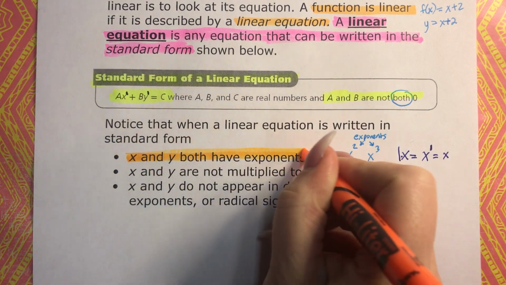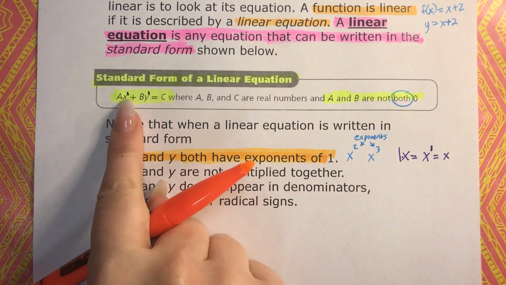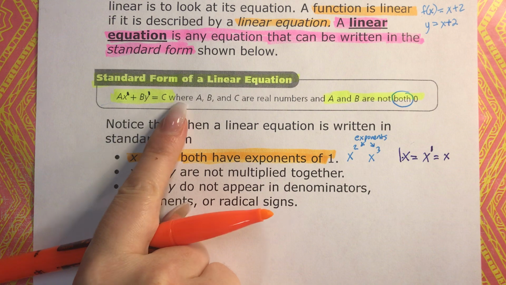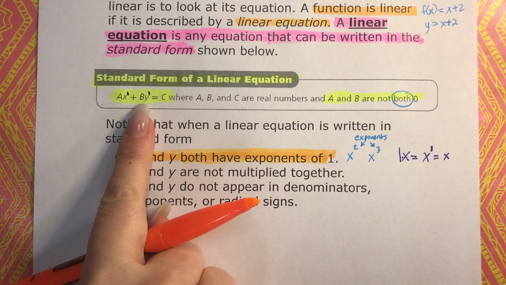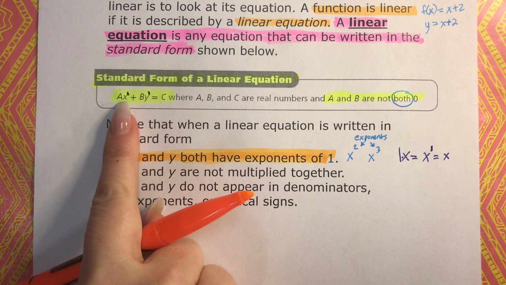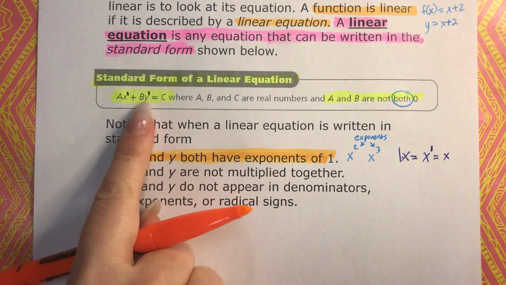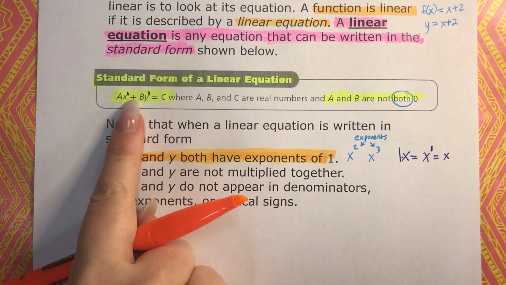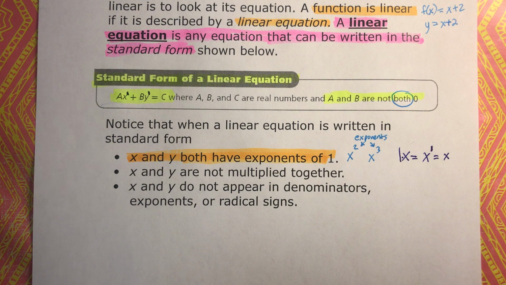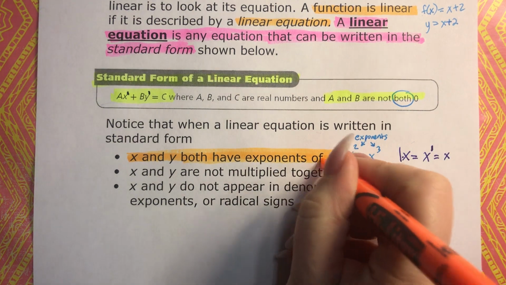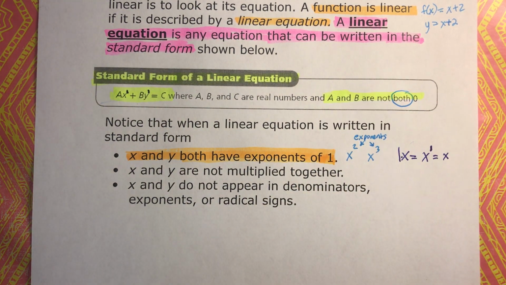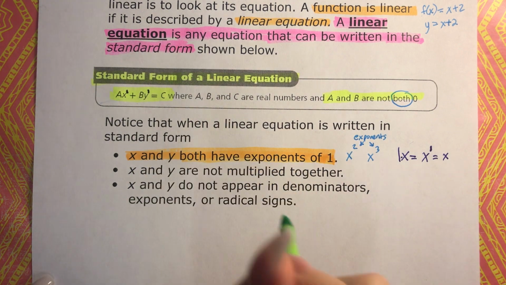So if for some reason this was ax squared, well, it wouldn't be a linear equation. Or 2y squared, it wouldn't be a linear equation. x and y both have to have a 1 in the exponent, which just means there can't be anything in the exponents, right? When you look at it. Another characteristic is that x and y are not multiplied together.